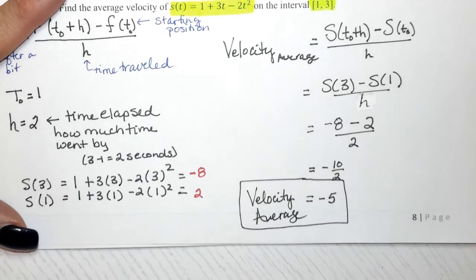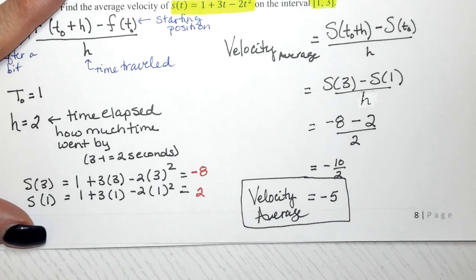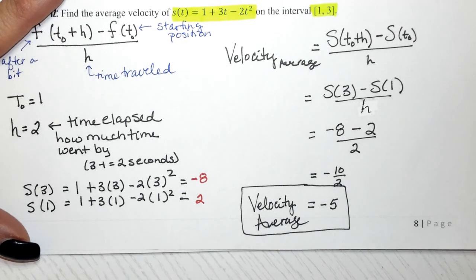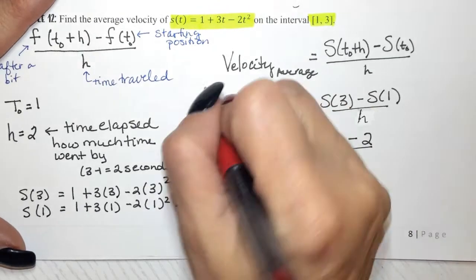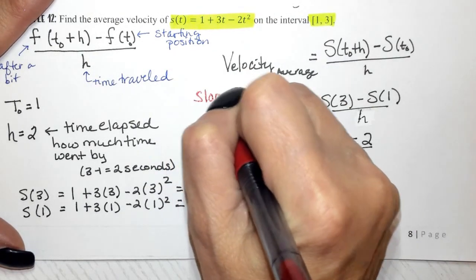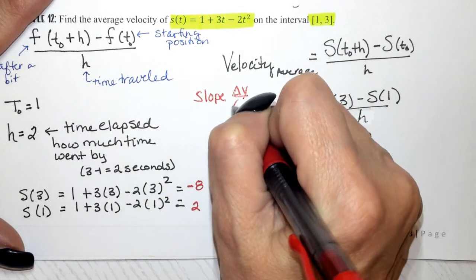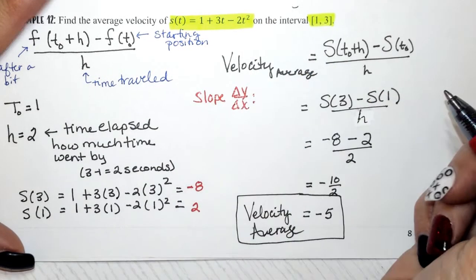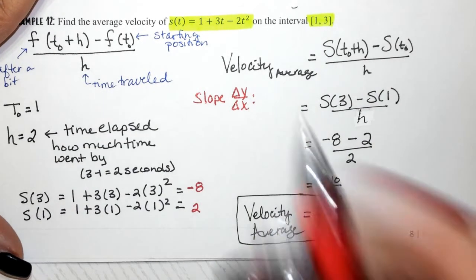Now, on this particular one, if I wanted to know the slope, I'm going to put it here in the middle. I didn't leave myself much room. If I wanted to know the slope, the change in y over the change in x on this interval from 1 to 3, here's an interesting thing to think about.